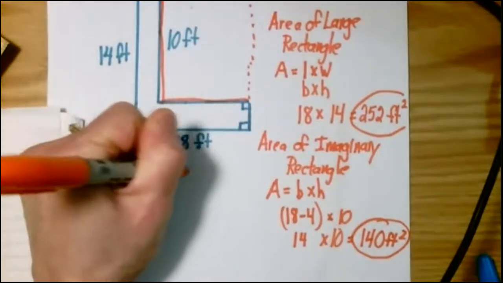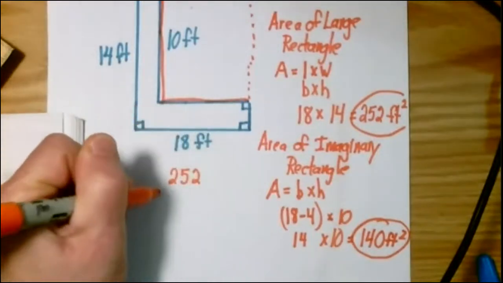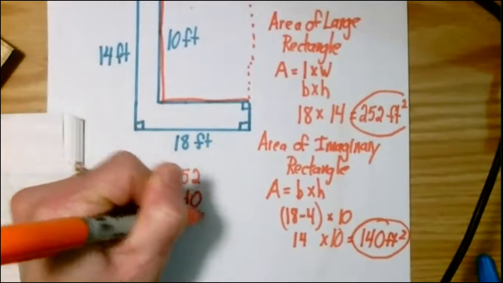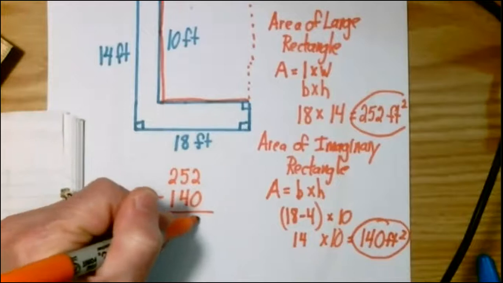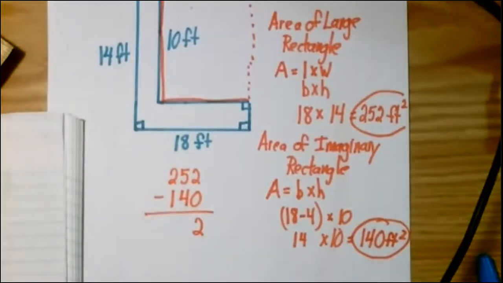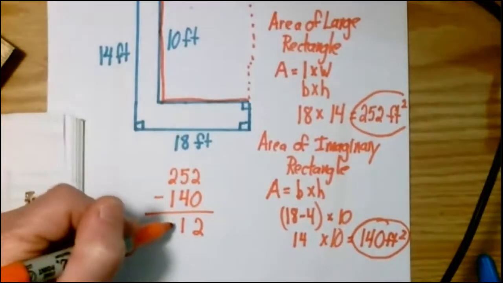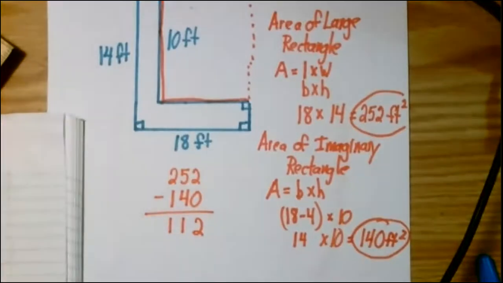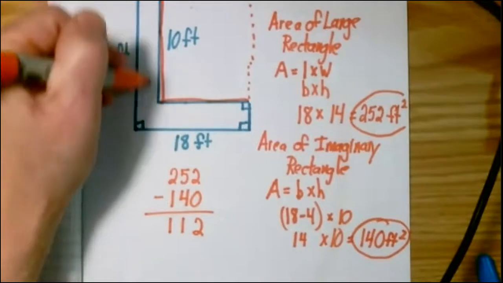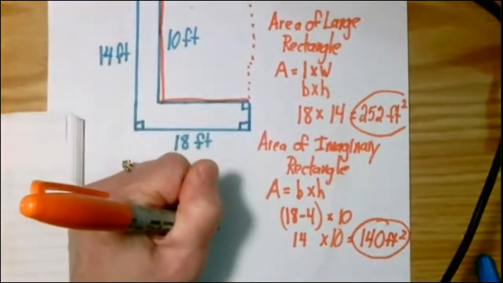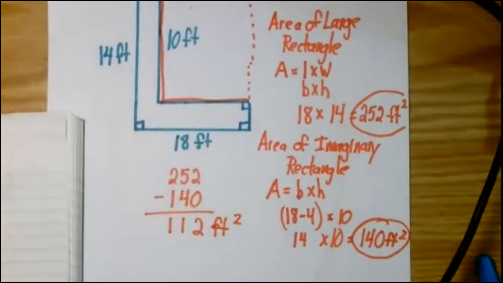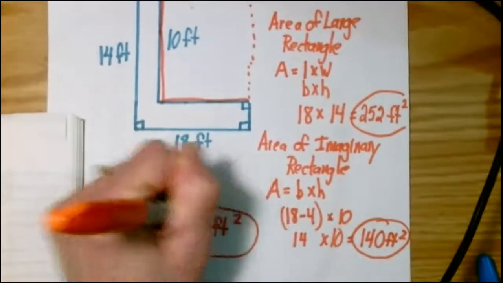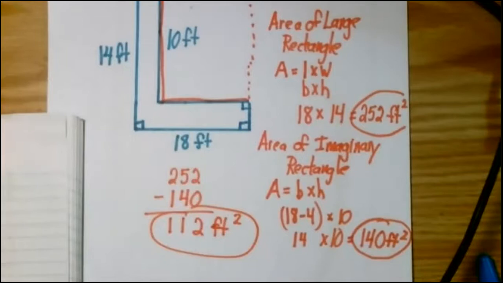So 252 minus 140. 2 minus 0 is 2. 5 minus 4 is 1. 2 minus 1 is 1. So the answer is the area of this blue part is 112 feet squared. That is the answer to number 2.